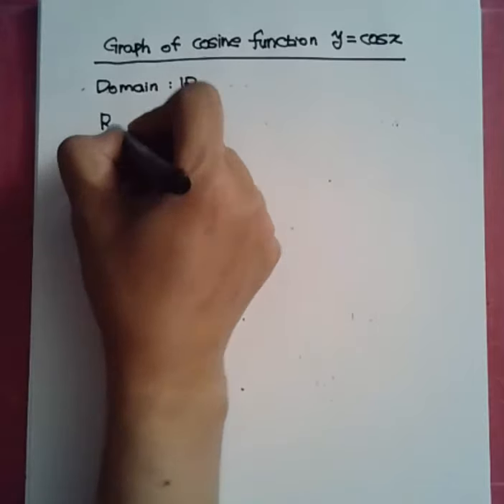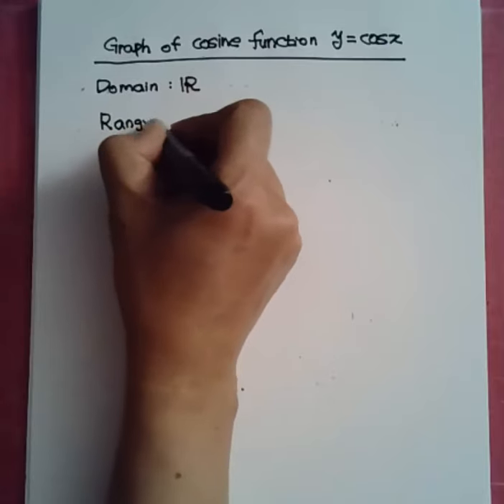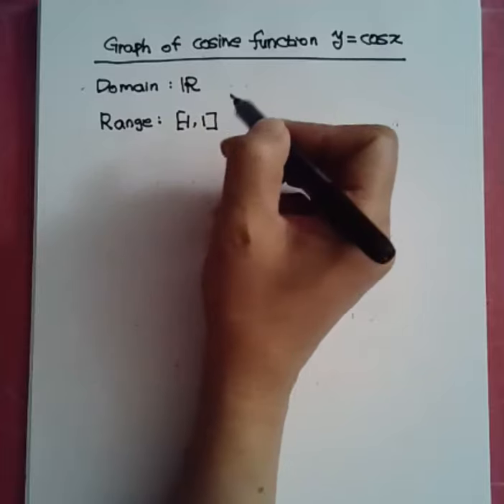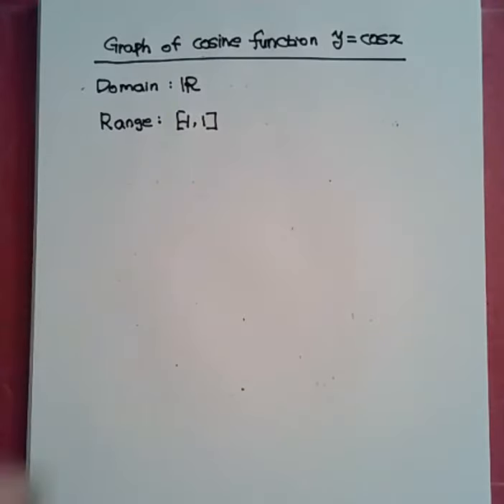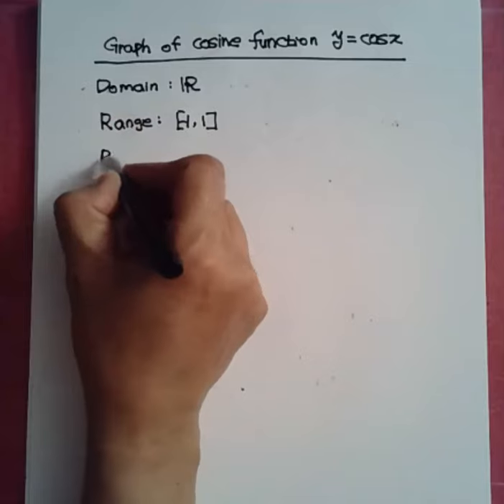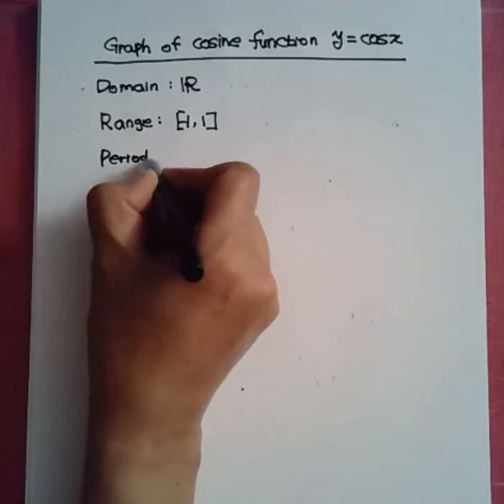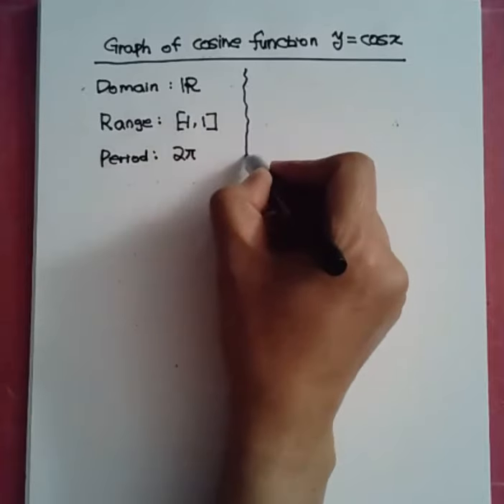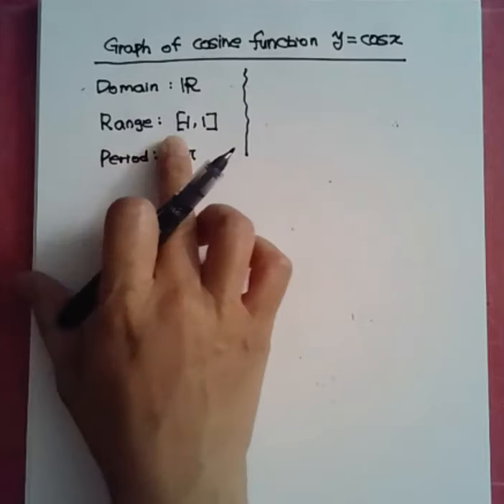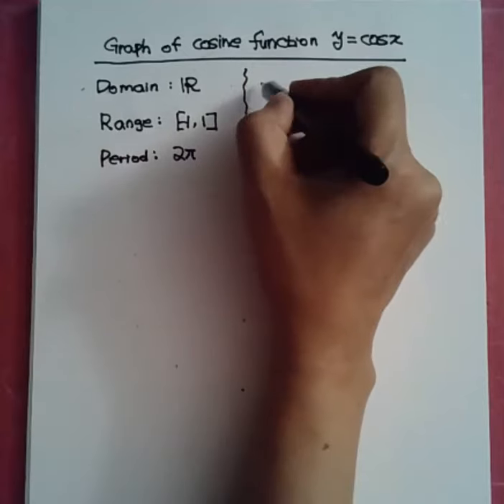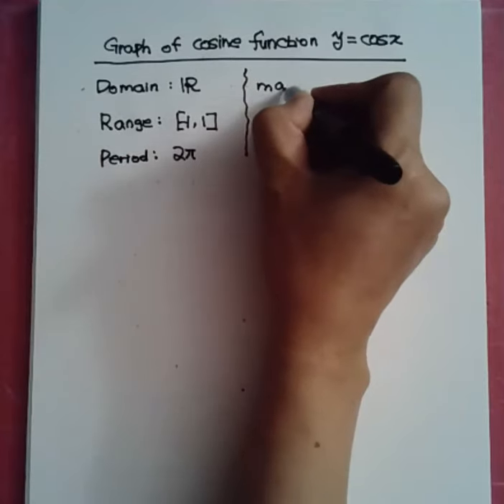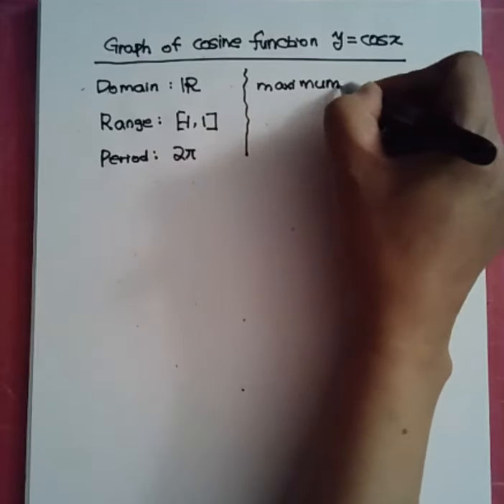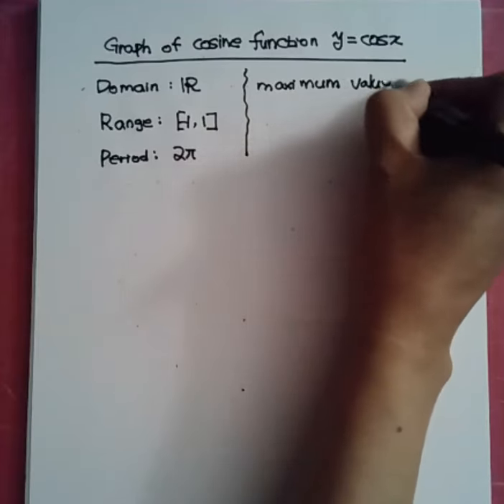We also know that the range of the cosine function is minus 1 to 1 because we define it on the unit circle. And the period is 2 pi. Range is from minus 1 to 1. So maximum value is 1 and minimum value is minus 1.